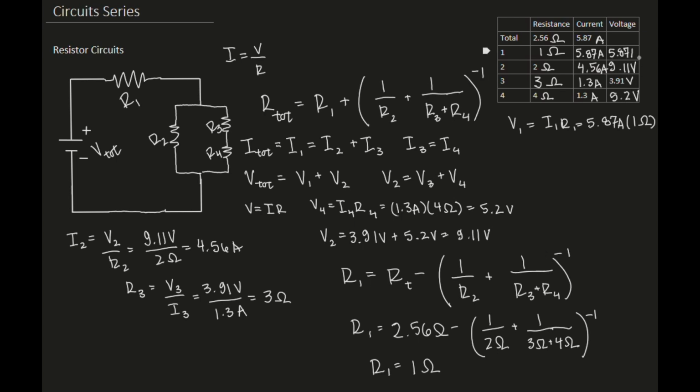I can write the unit properly. And then I can use the same kind of setup to figure out the total voltage. The total voltage is equal to the total current times the total resistance. And in that case, it is 5.87 times 2.56, and I get that it is roughly 15 volts.